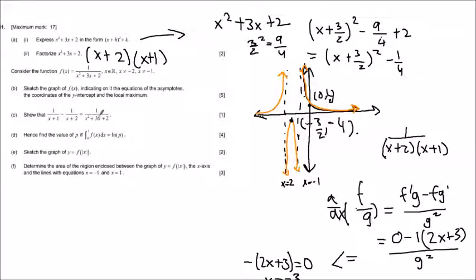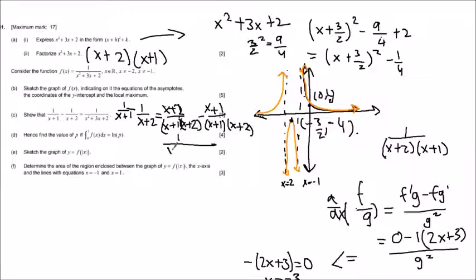Now show that this is equal to this. I'll do that right now with simple algebra. (x plus 2) over (x plus 1)(x plus 2) minus (x plus 1) over (x plus 1)(x plus 2), and x plus 2 minus (x plus 1) is 1, over (x plus 1)(x plus 2).